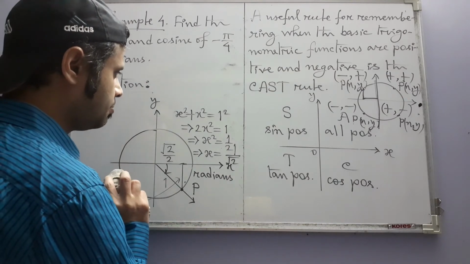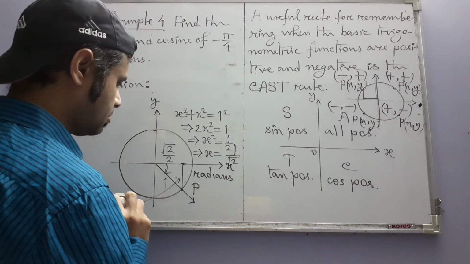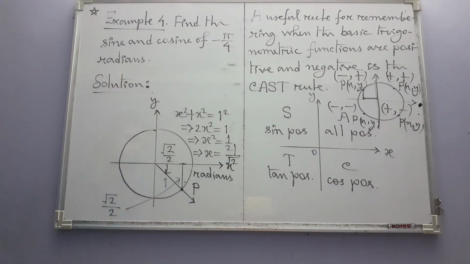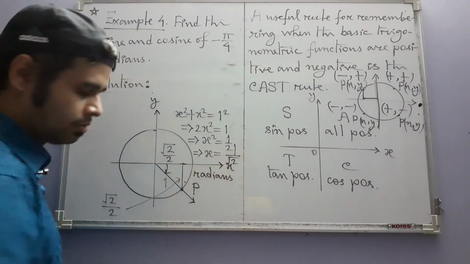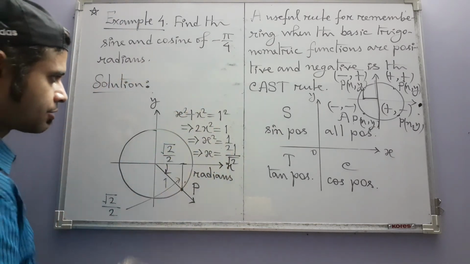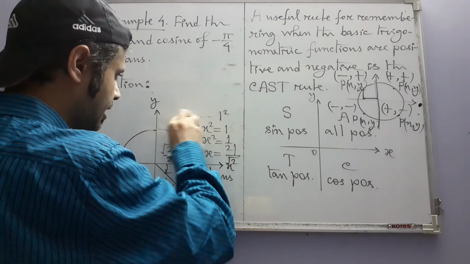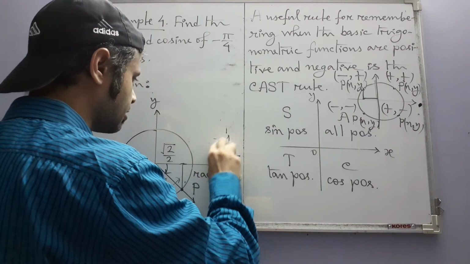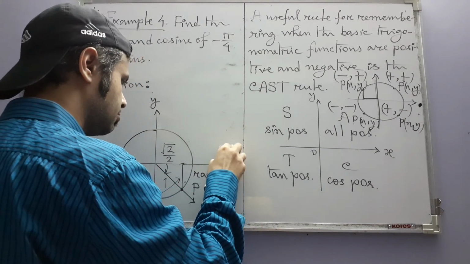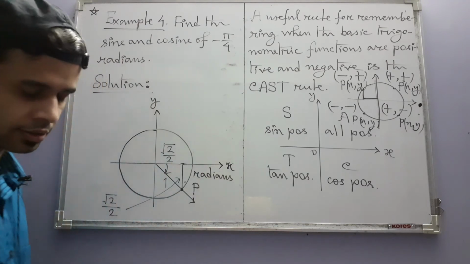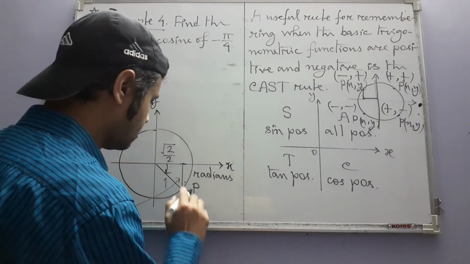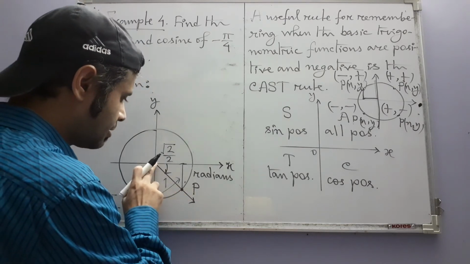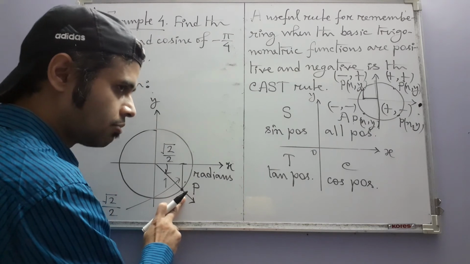Now P, I don't have enough space for this. Do I have? I think I have. This part you have understood. It's an application of the Pythagoras theorem to this reference right triangle. So let me just rub this part off. And now in this position, this is in the fourth quadrant.